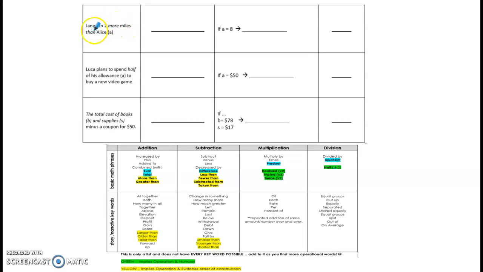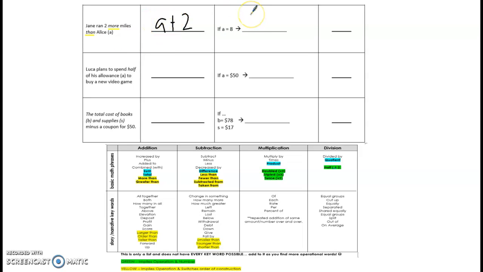I highlighted it, and it is split up. More than means that I would need to switch the order of my 2 and my A. So when I go to write it, I have A plus 2. Now let's suppose A stands for Alice, and Alice ran 8 miles.